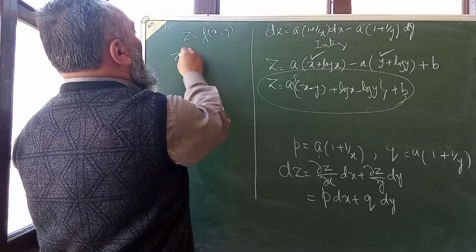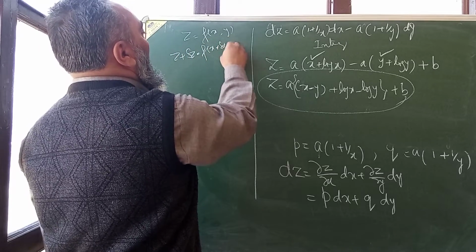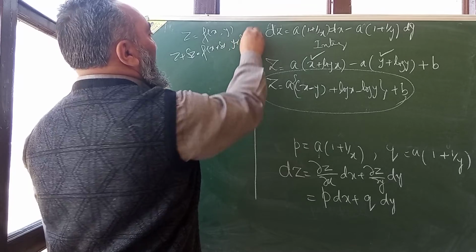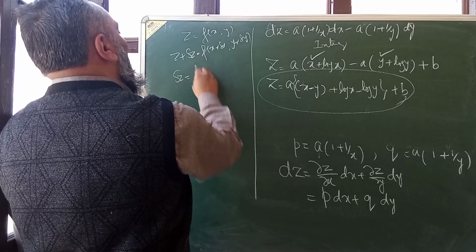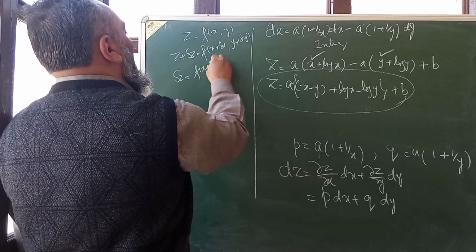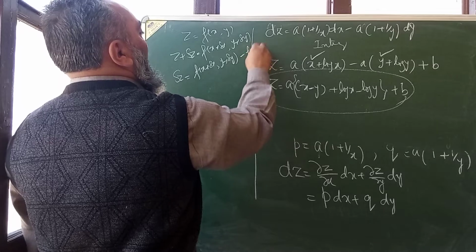Then what is z plus delta z? It is f of x plus delta x, y plus delta y. Let me subtract the two. I will get delta z equal to f of x plus delta x, y plus delta y minus f of x, y.